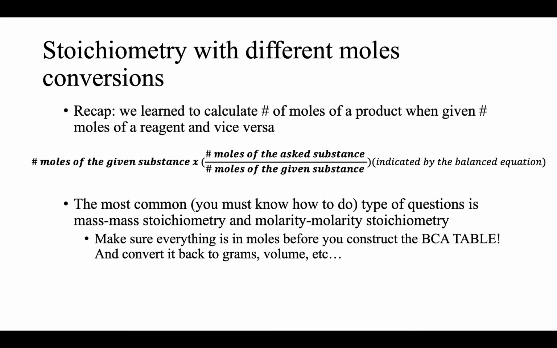The given substance should be in number of moles, even though the question could give you grams or volume. You basically convert everything to moles first before you construct the BCA table, and after you've done that, you can convert everything back to grams, volume, or whatever the question is asking you.